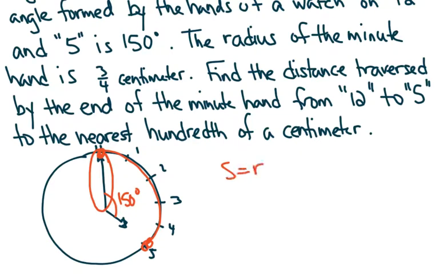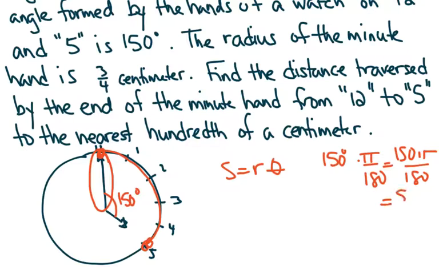But in order to use this formula, we need to change theta into radians. So 150 degrees times pi over 180, which is 150 pi over 180, reduces to 5 pi over 6. Remember, you put into your calculator 150 over 180, you hit math, enter, enter, and it changes into 5 over 6. Don't forget your pi.